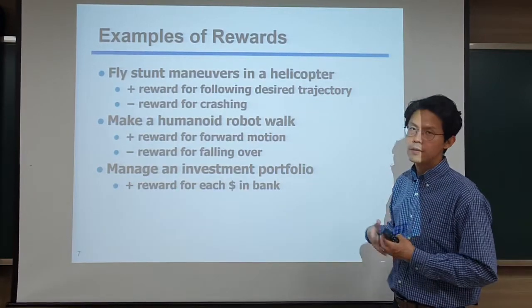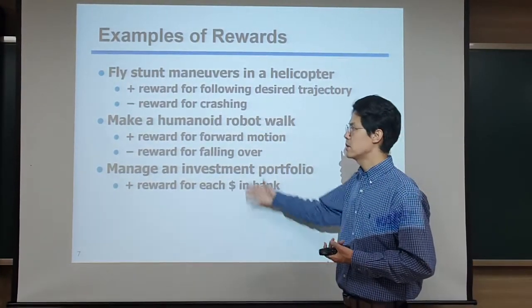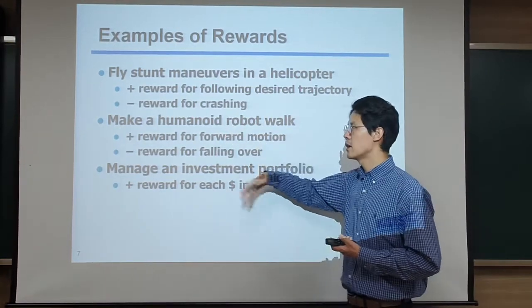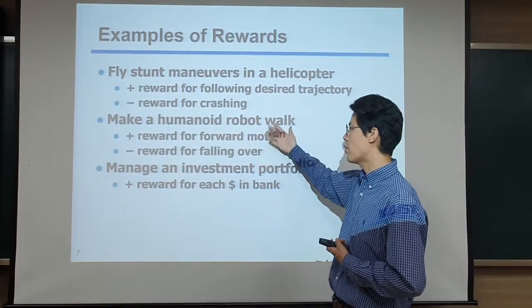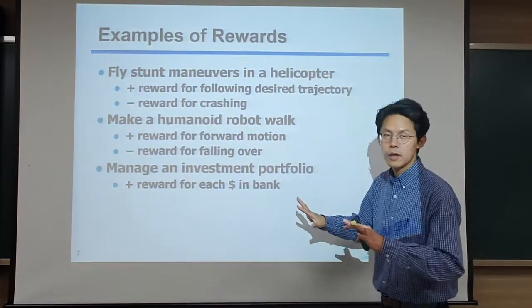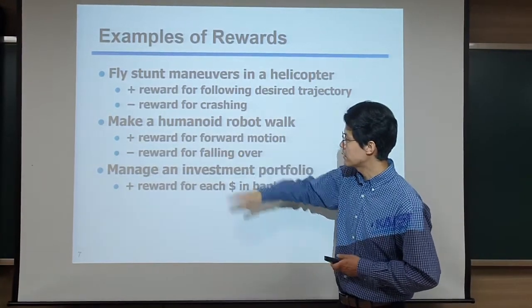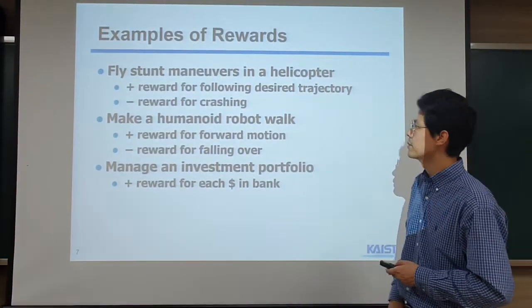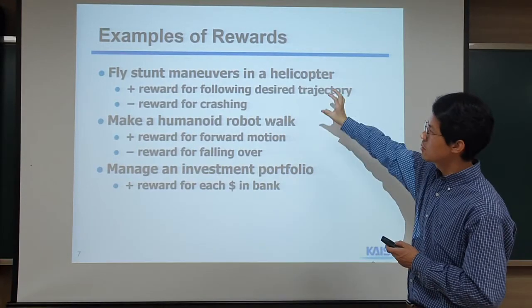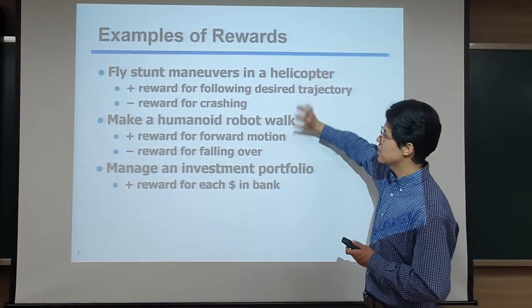Also, we can give a very negative reward for crashing, since we don't want crashing. For the humanoid robot case, we can give a positive reward for forward motion. Also, we can give a negative reward for falling over, since we don't want that kind of falling over on the ground. Basically, these are some of the ways we can design the reward to achieve this kind of task.